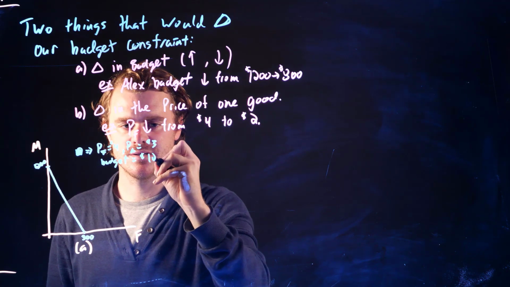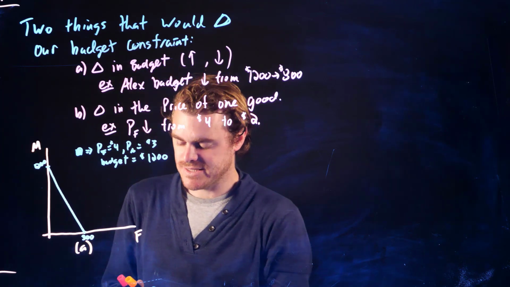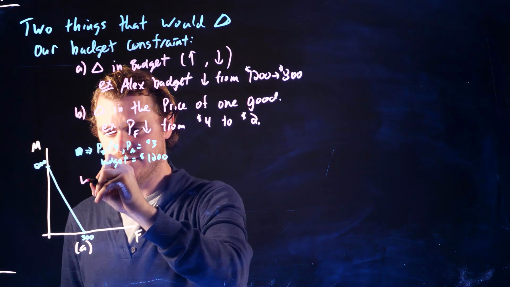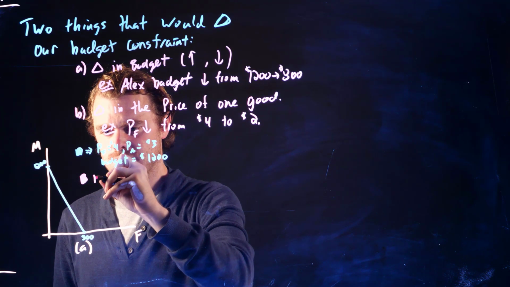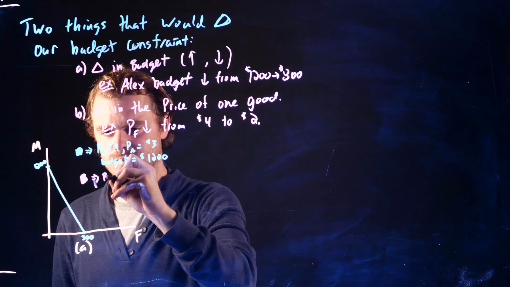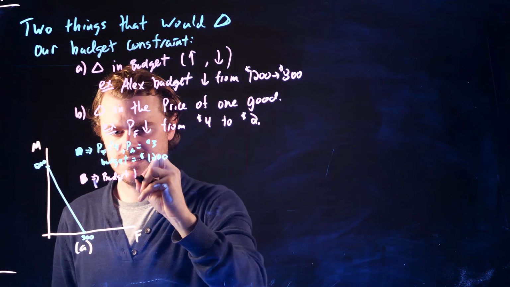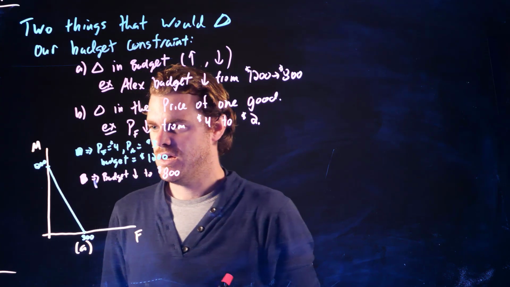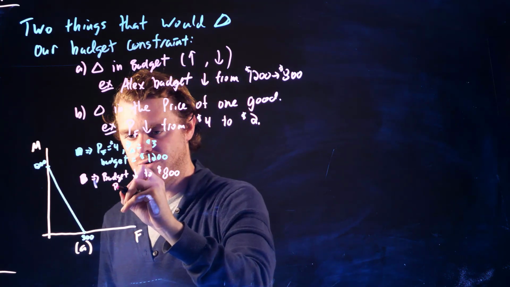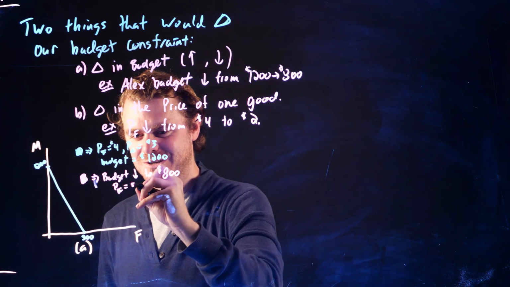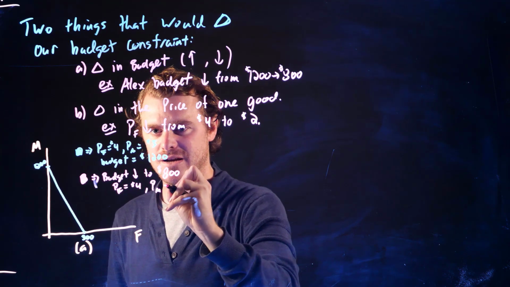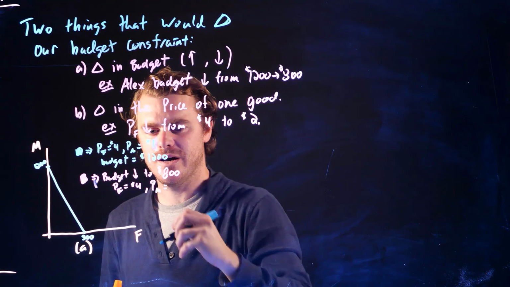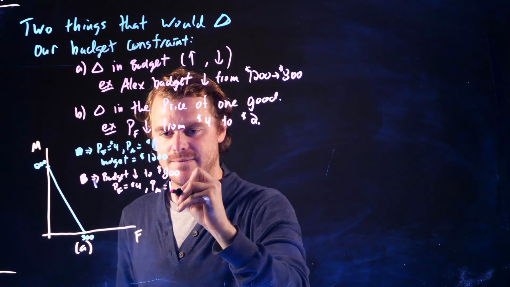equals $1,200. And let's say these prices remained constant, but let's think of what would happen if the budget decreased to $800. But price of fish is still equal to 4, and the price of mangoes still equals $1. I don't know why I put 3 up there. $1. Sorry about that.